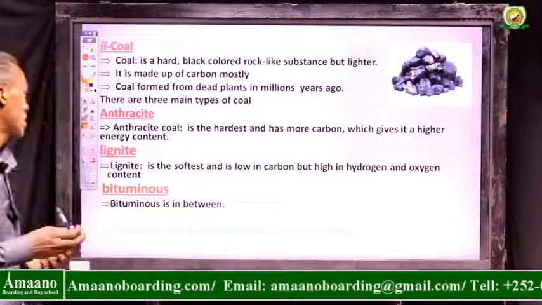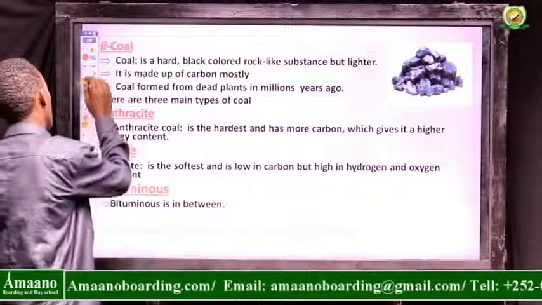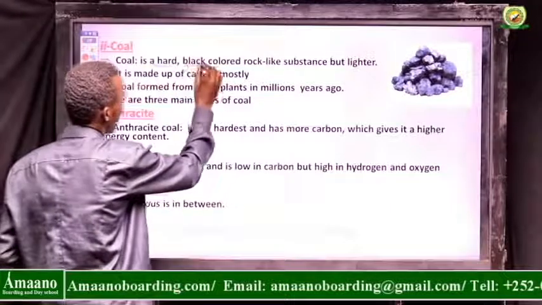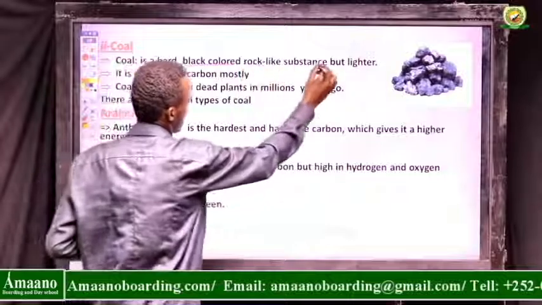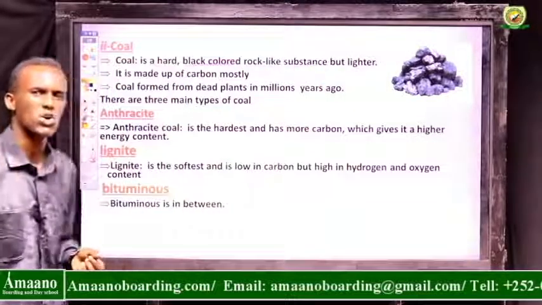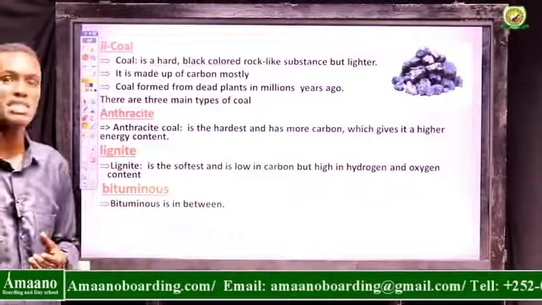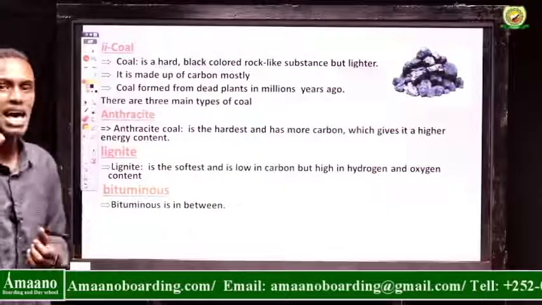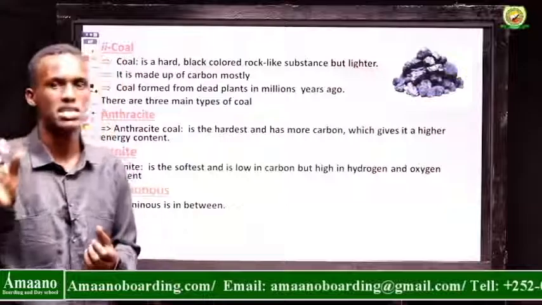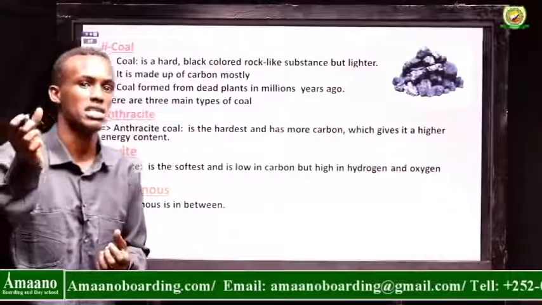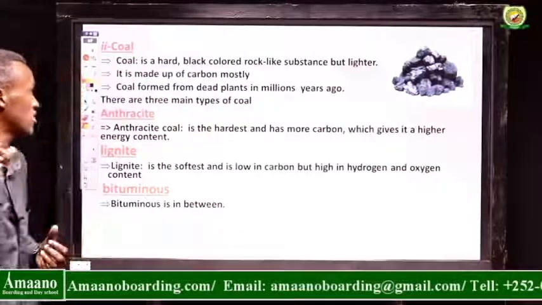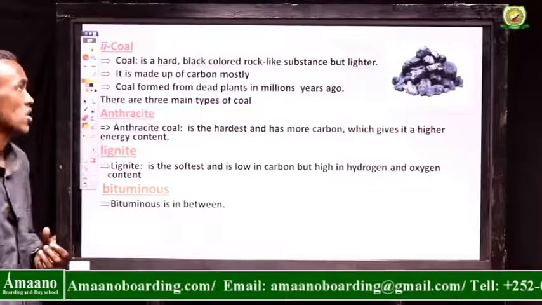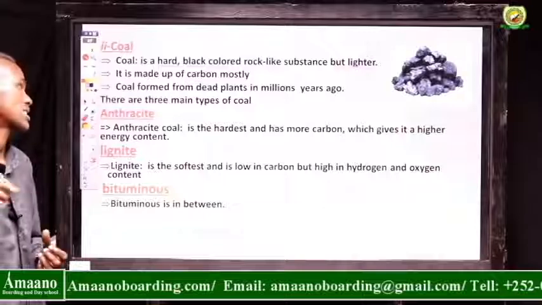So we can define coal as a hard, black-colored, rock-like substance, but it is lighter than rock. Okay, so the definition of coal is a hard, black-colored, rock-like substance, but lighter.